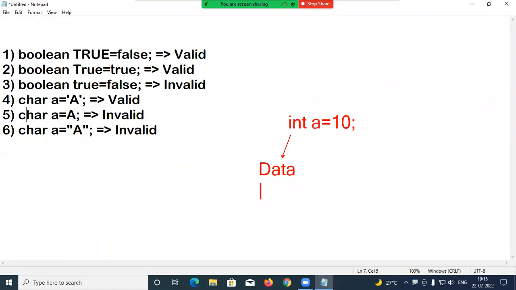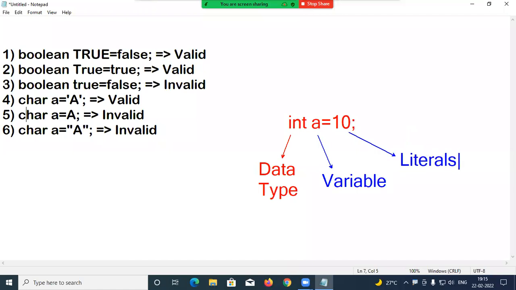Okay. Now, what is this a? It is a variable. Okay. What is 10? 10 is a literal. Okay.